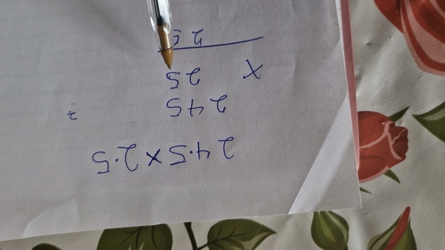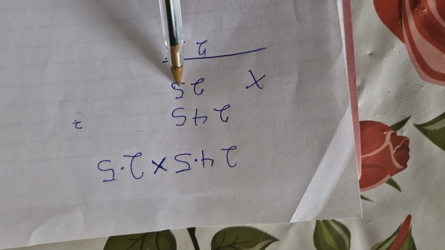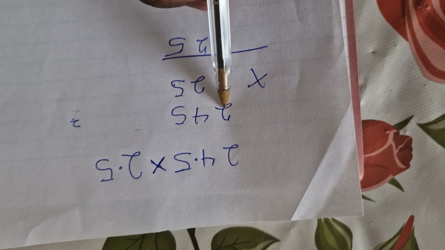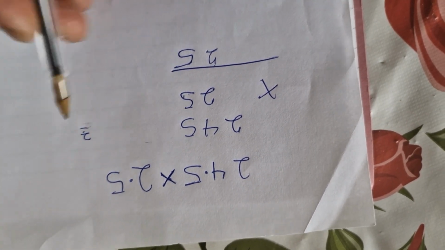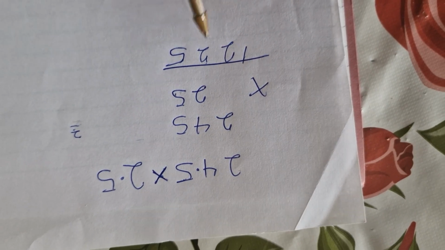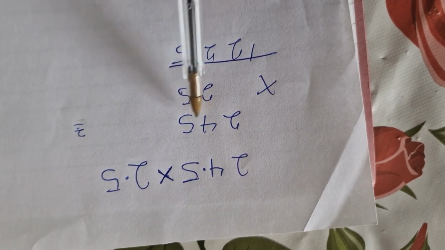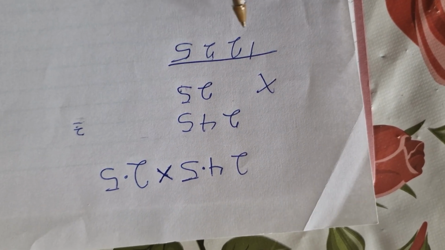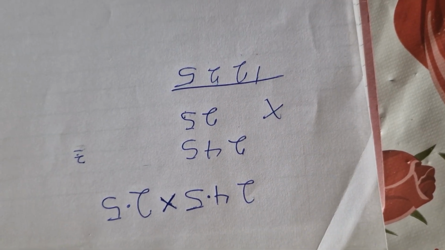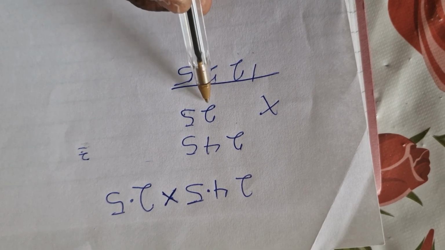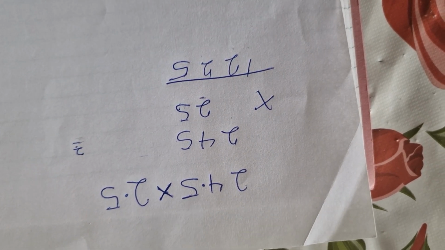Then another 5 times 2 here will give us 10, plus the remaining 2, which is 12. So 245 times 5 will give you 1225.